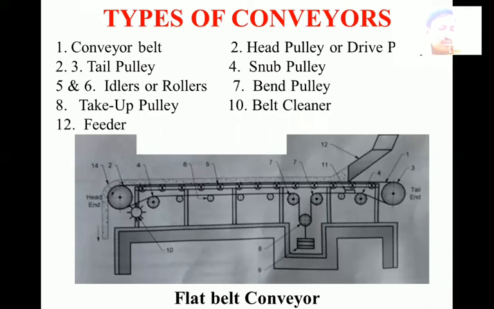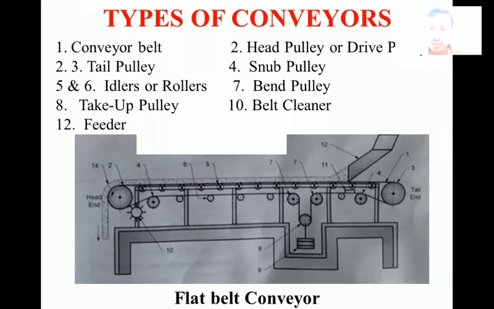Idler, yes, there are some design calculations, which we are going to study. What should be the distance between two idler rollers? There is data in the book on design of the belt conveyor system. From practical experience, they have given some distances, like what should be the distance between two idler rollers, and what should be the distance between the tail pulley and drive pulley for given shapes and sizes.